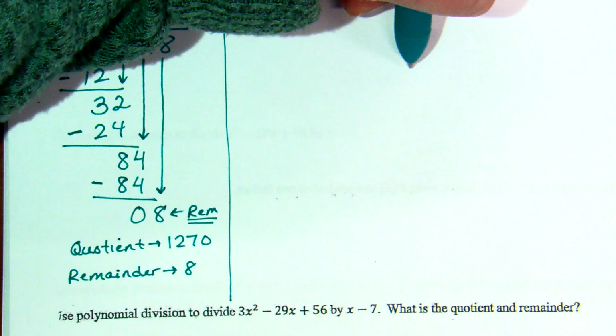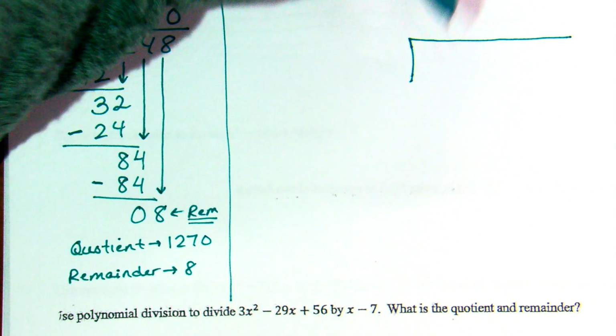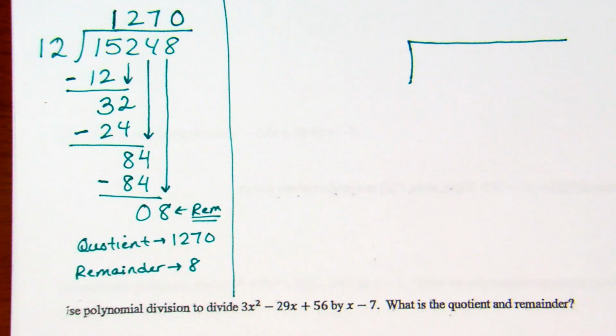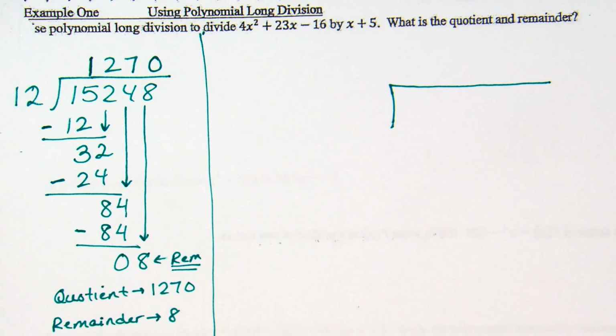So, let me set up long division. What goes in my box with long division? This is looking at the actual example 1 here. It says use polynomial long division to divide 4x squared plus 23x minus 16 by x plus 5.